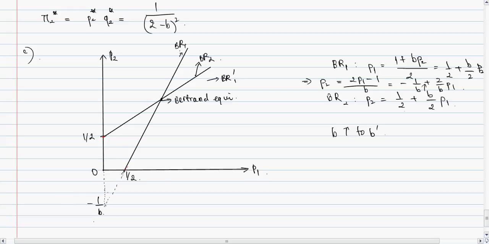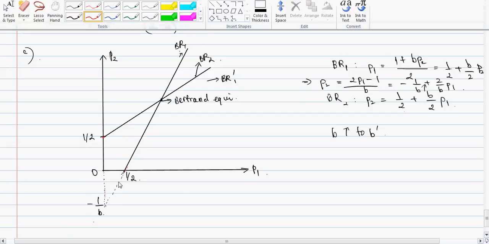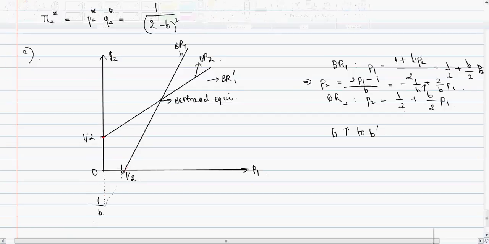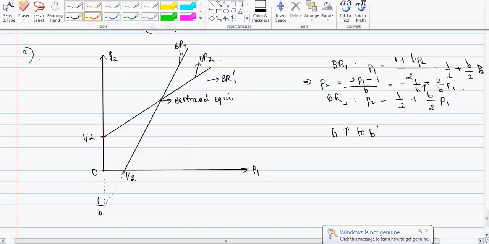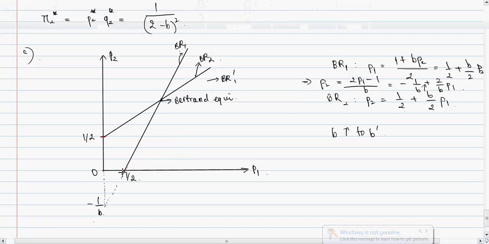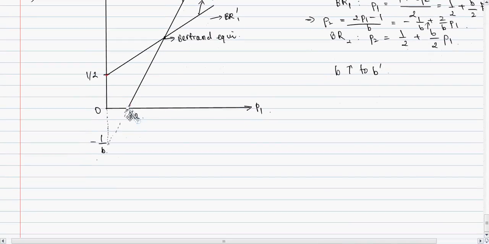I should be drawing it in the sense that it will be flatter than the original best response function for firm 1. It's not that flat, so we will still have an equilibrium later on. So I'll have something like this. I'll start at the same horizontal intercept and, sorry.